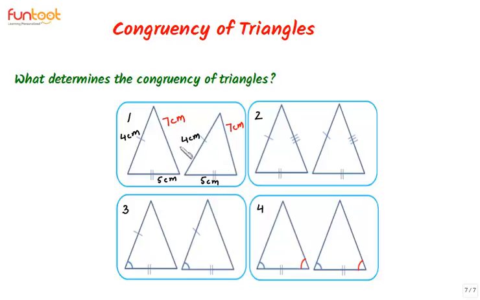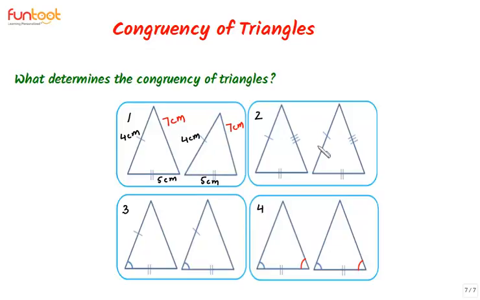So here in the first pair, nothing is given about the third side. It can be equal and it cannot be equal also. When it is equal, the triangles will be congruent, and when it is not equal, the triangles will not be congruent. So here in the first pair, we cannot say anything about the congruency of this pair. That means data provided is insufficient to determine the congruency of the first pair.